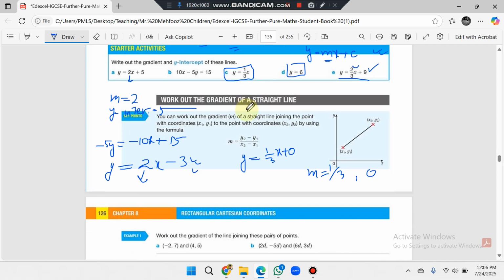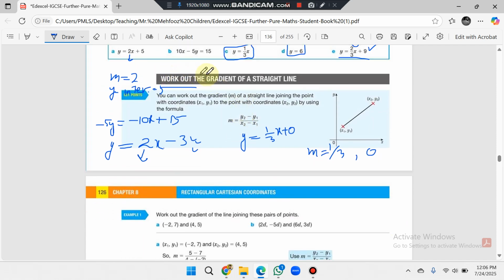No. Okay. Next one is work out the gradient of a straight line. Now we have to find the gradient of a straight line. You can work out the gradient m of a straight line joining the point with the coordinates x1 and y1, which is the starting point of this line, to the point with the coordinates x2 y2, which is the end point of this straight line, by using the formula.